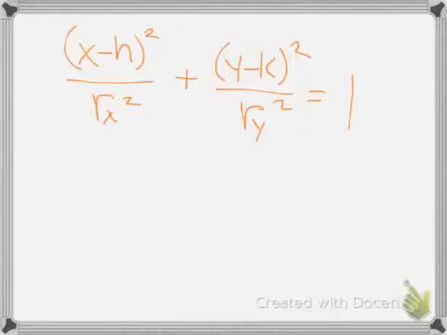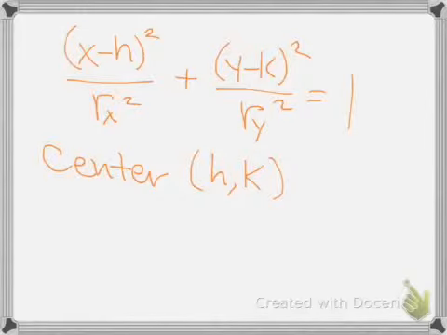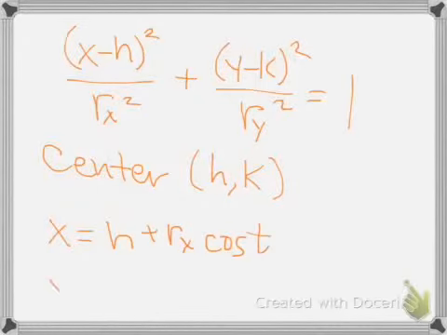So when you talk about the parametric, your center is h comma k, and then you have your x radius and your y radius. Well, the parametric is x equals the x value of the center plus the x radius times cosine t, and y equals the y value of the center plus the y radius sine t.